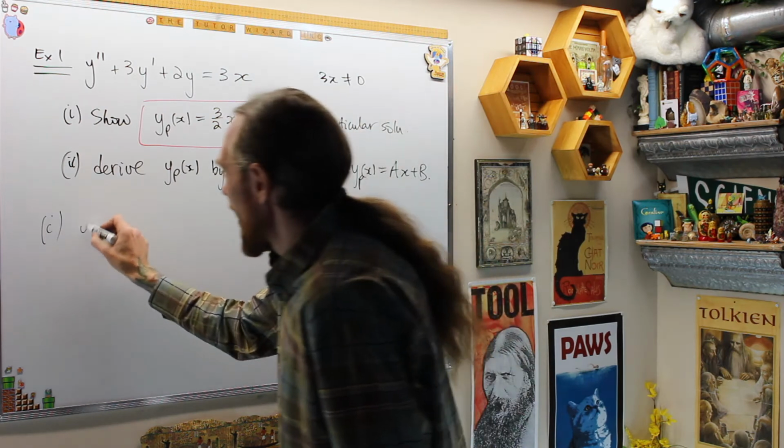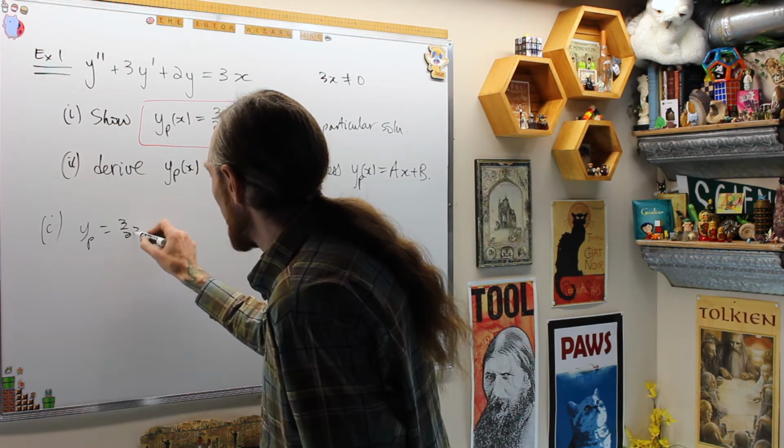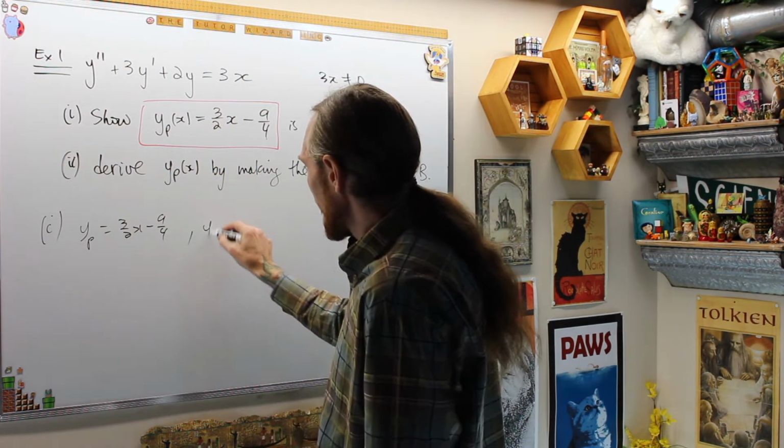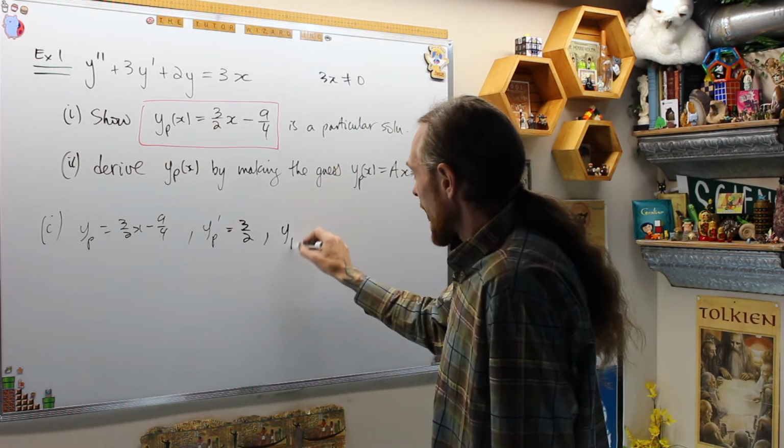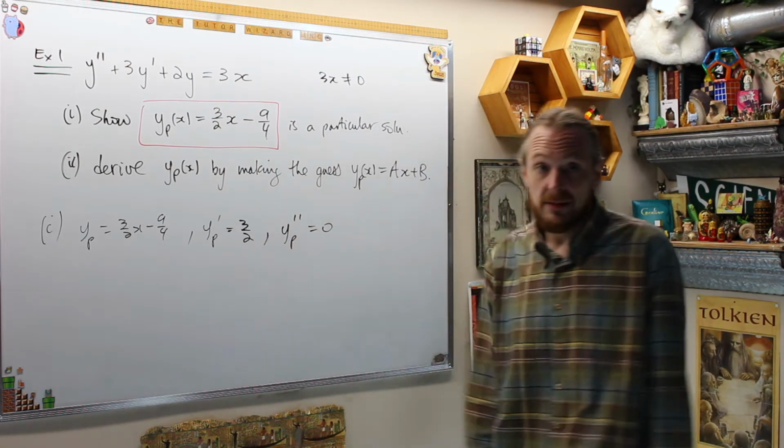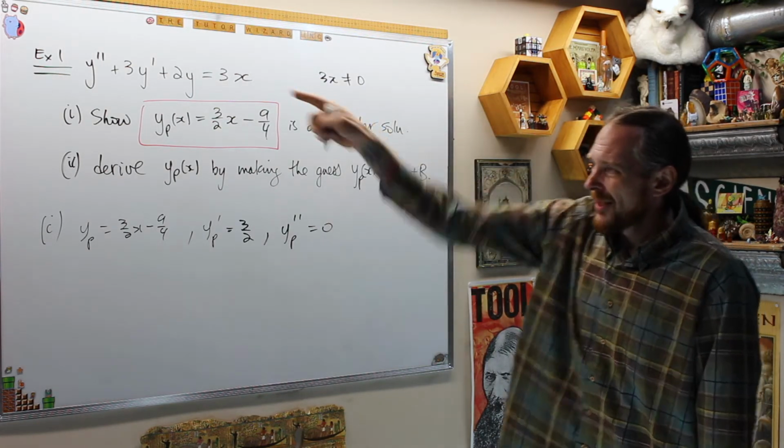I have y particular is 3 over 2 x minus 9 over 4. That means y particular prime is 3 over 2, and y particular prime prime is goose egg. Therefore, I put that all into my equation.